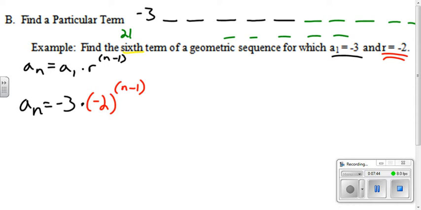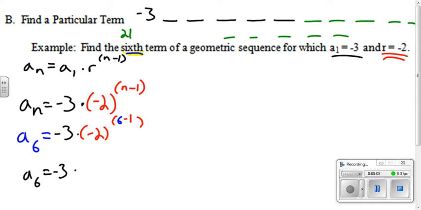And we know that we're looking for the sixth term, so we would say a sub 6, that's our sixth term, equals negative 3 times negative 2 to the power of 6 minus 1. From here, we know that a sub 6 is negative 3 times negative 2 to the power of 6 minus 1, which is 5.